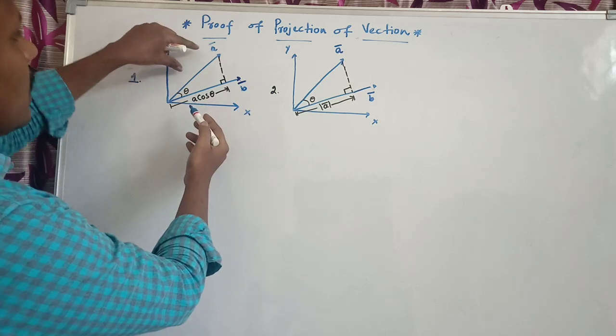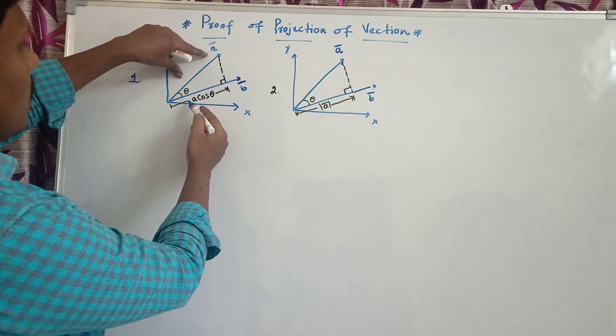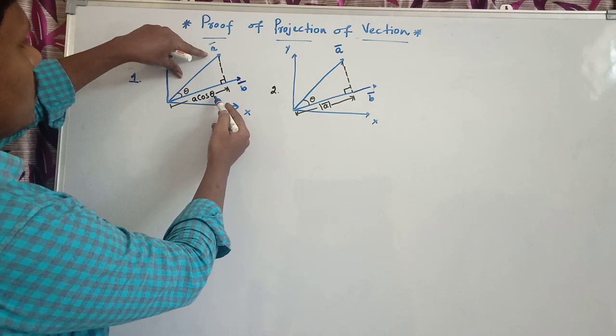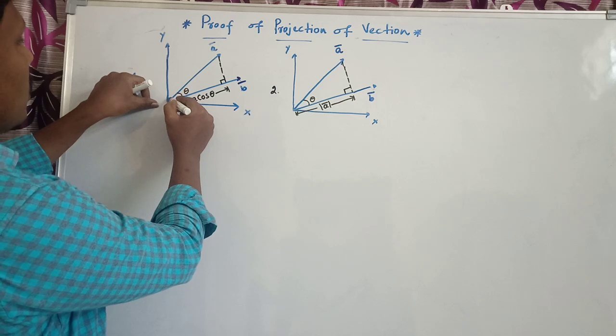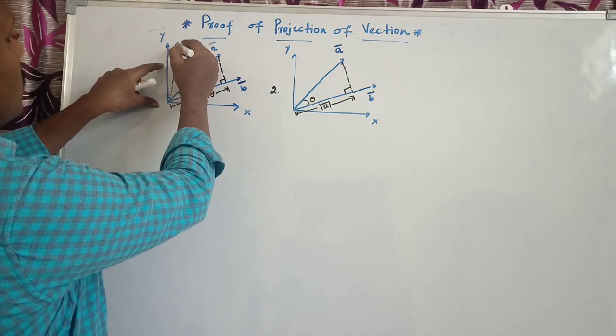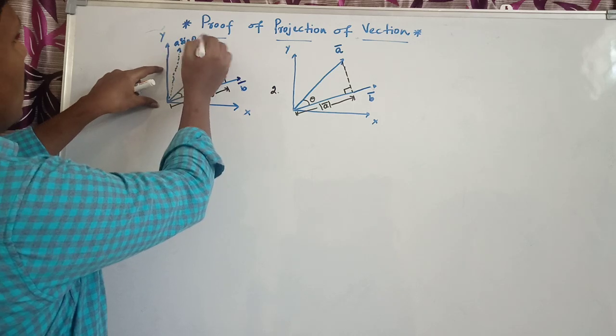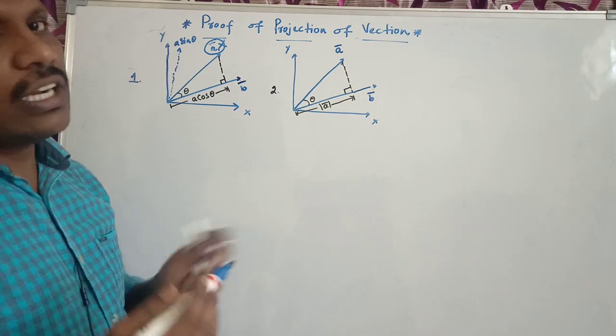In that case, the magnitude of the a vector along b is a cos theta. In the other direction it is a sin theta, and in this way the vector is resolved.